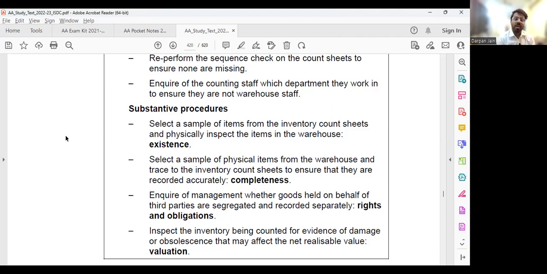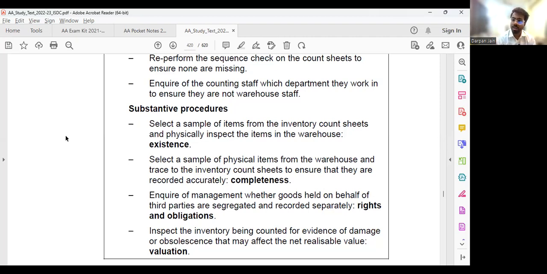Next, inquire of management whether goods held on behalf of third parties are recorded separately. Any goods which have been kept in the warehouse of the company, but are not the company's goods, where the owners are some third parties, should be kept separately.